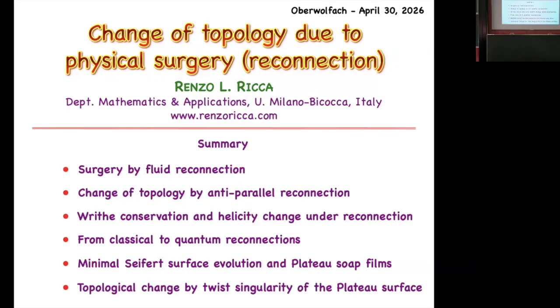And then I'll show you something about the formation of a twist singularity when the topology of the surface changes for Plateau films, soap films. As far as I know, this is the first time a twist singularity has been shown; something similar was described in the 70s under a name that then changed to catastrophe theory.